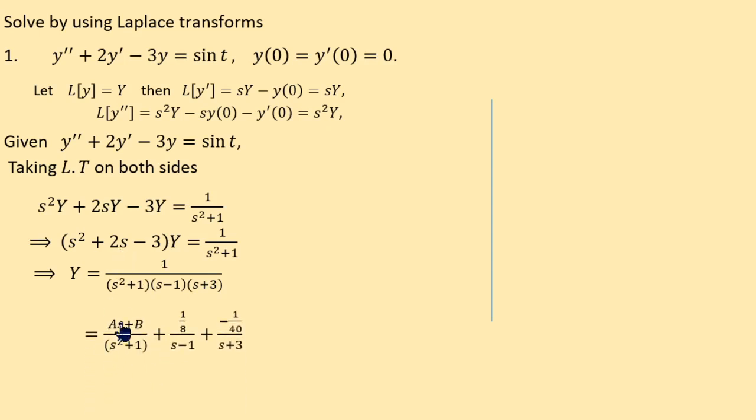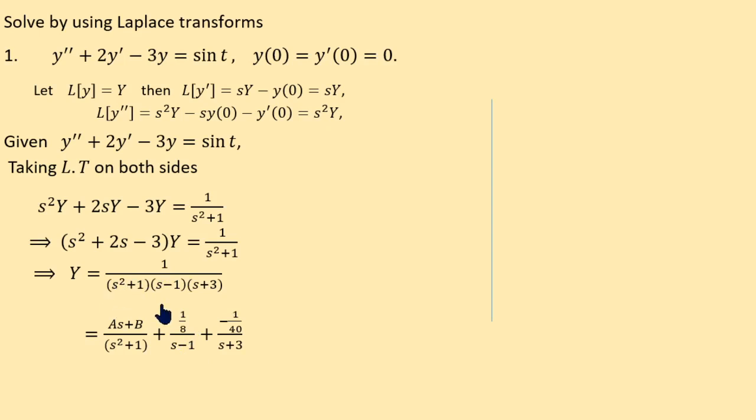So this becomes as plus b by s square plus 1 plus c by s minus 1 plus d by s plus 3. I already discussed how to find this linear factor. This c is nothing but, in the previous expression, the denominator of c is s minus 1, close it, put s equal to 1.